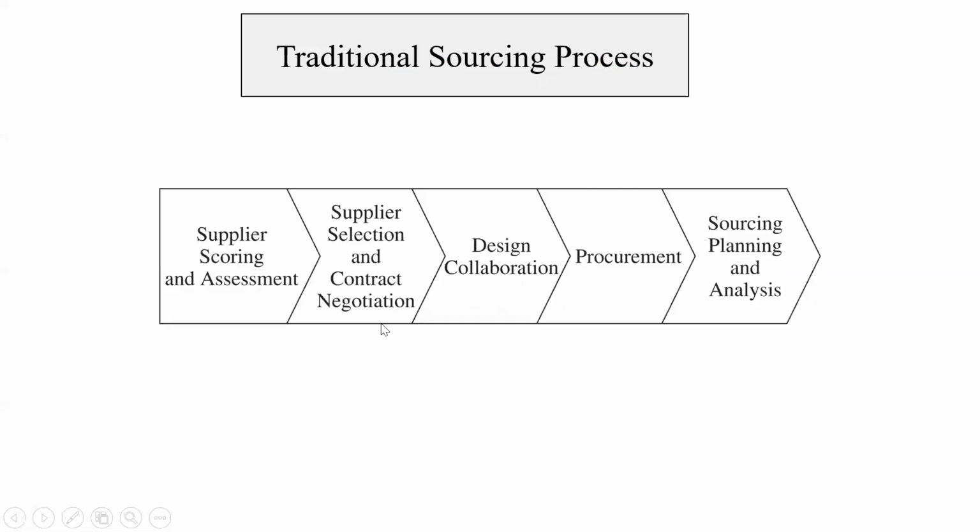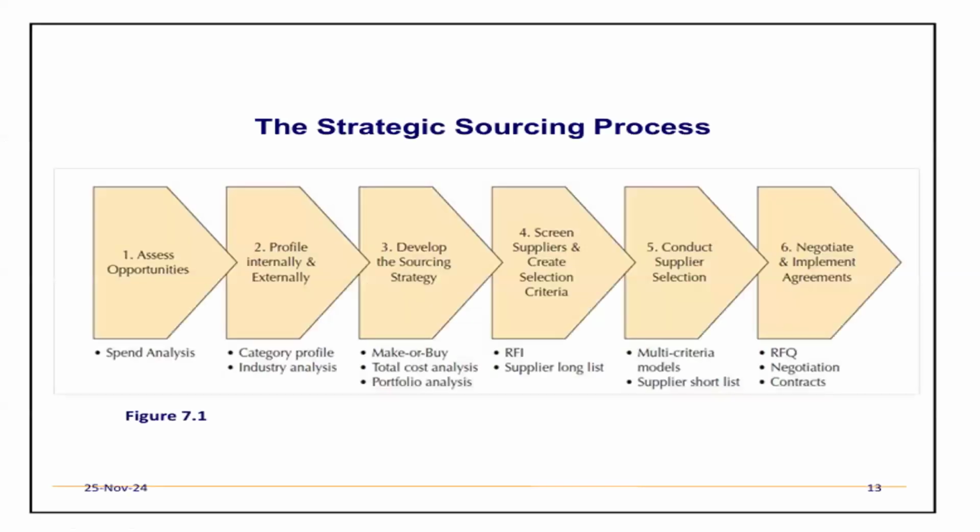In the traditional sourcing process, you will see these types of structures, and the strategic sourcing process is different, with many analyses included. Here you find 6 steps, which you have discussed during the session. And spend analysis, I saw you discussed it in 3 sessions with me, along with strategic sourcing. So spend analysis is there.